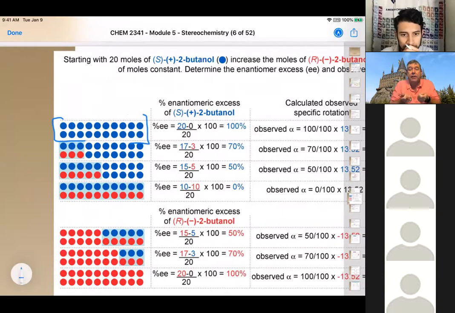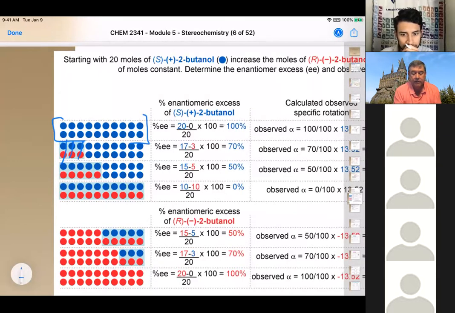Now, let's say we only had about 70% of our original number, which means we'll substitute 3 of the S's for R's. What happens to our observed rotation? For every R we have, we cancel out one S. That means only 70% of the molecules available to us are rotating light. Therefore, it should be 70% of that rotation, okay?